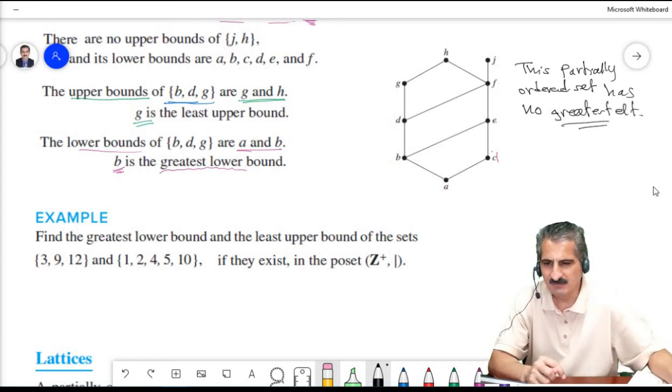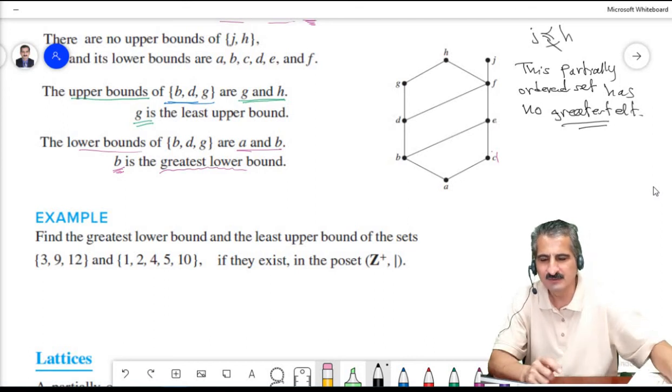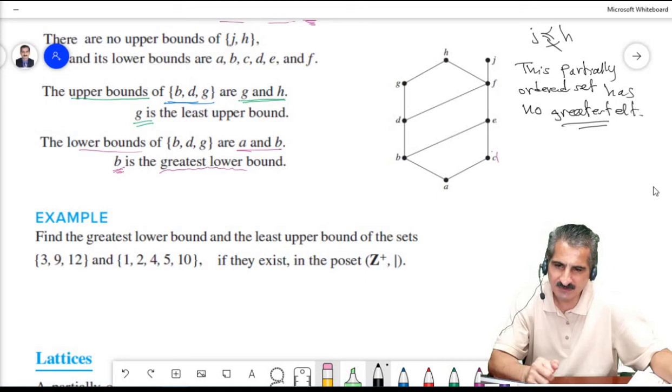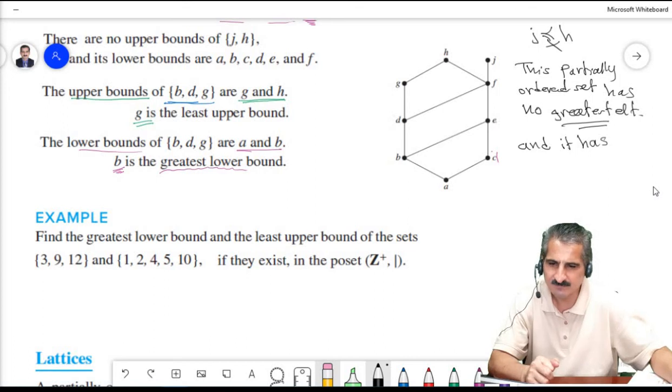Okay, but does it have G? Yes, because H is not greater than G. We say here H is not greater than G. This is not true. Okay, what about the least element? The least element.